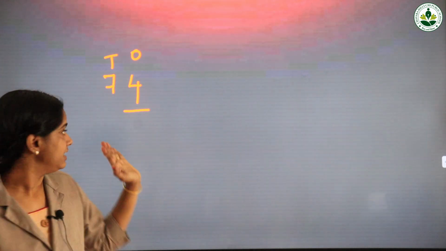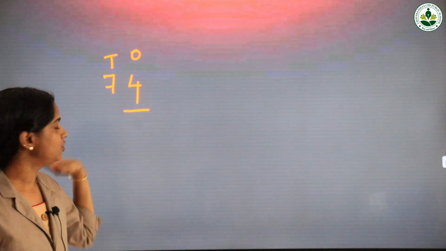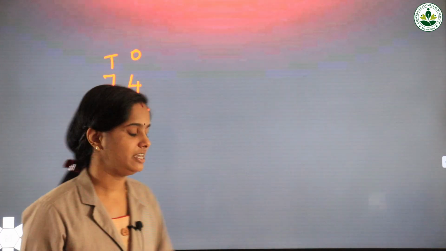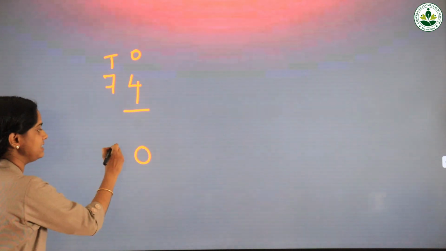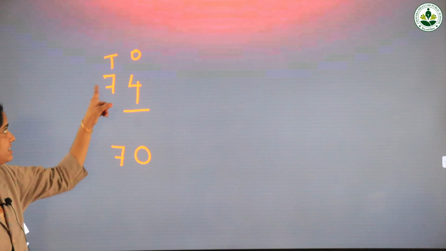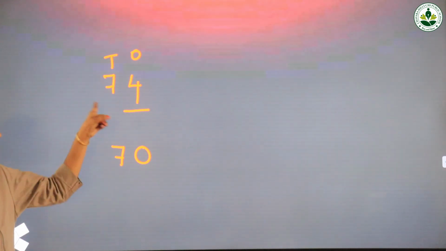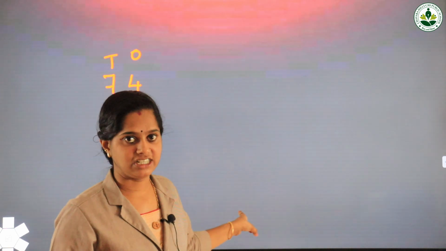If the digit in the ones place is less than 5, we round off that digit to 0 without changing the digit in the tens place. So, here we write 7 without changing the tens place. So, 74 rounded off to the nearest 10 is 70.